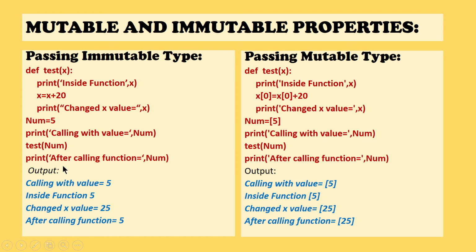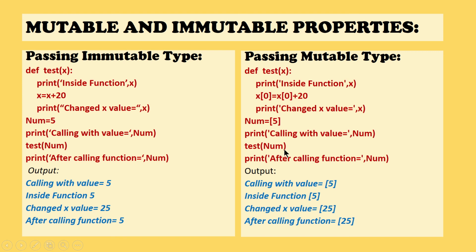Here num and x both refer to the same memory location. Whatever changes are made to num will be reflected in x, and whatever changes you make in x will be reflected in num. Ideally, num and test both refer to the same list. So when you pass a mutable data type as an argument to a function, whatever changes are made to the formal parameter will be reflected back to the actual parameter.